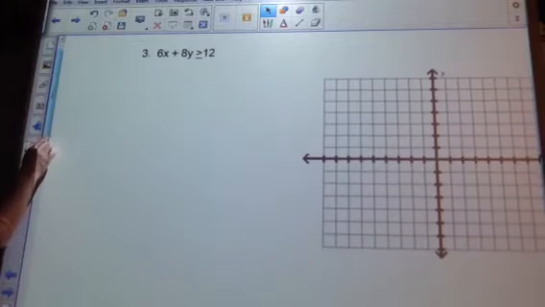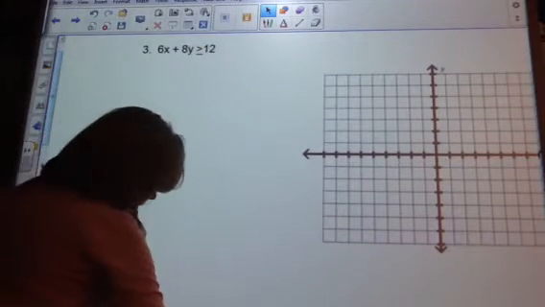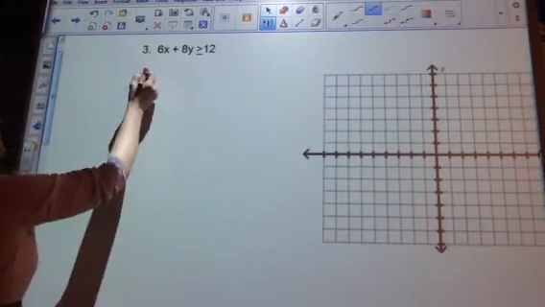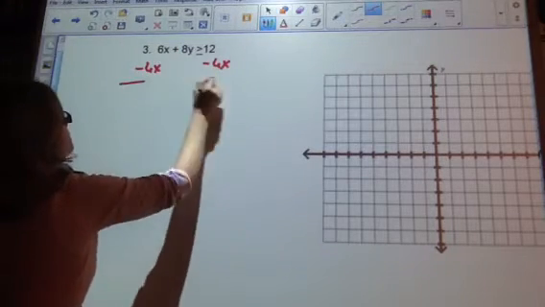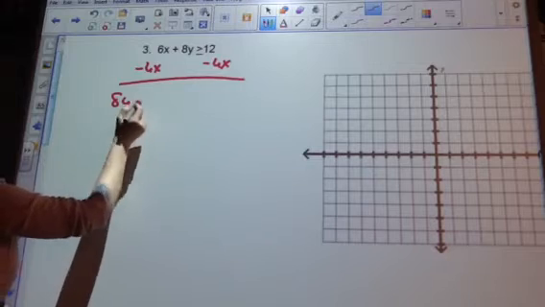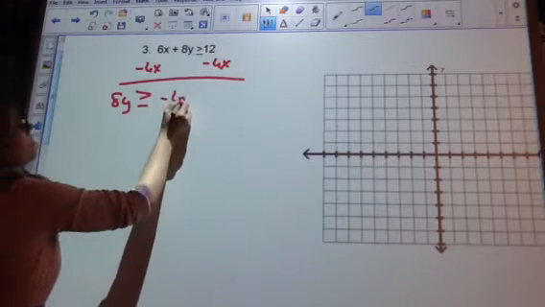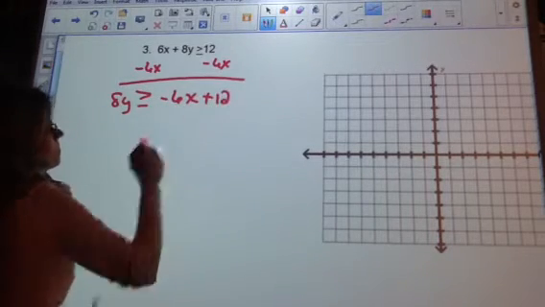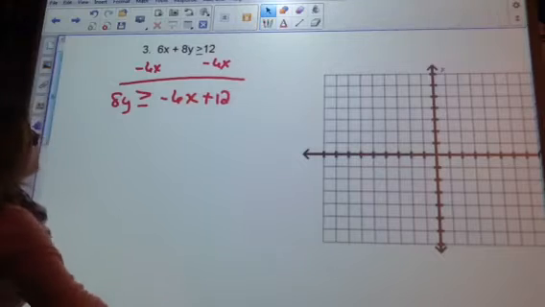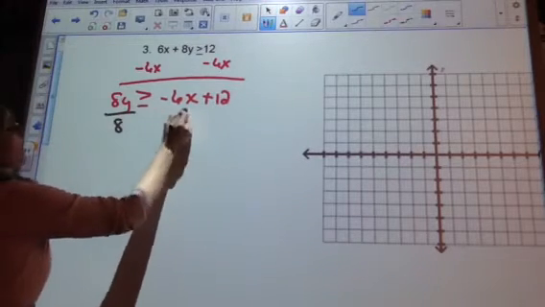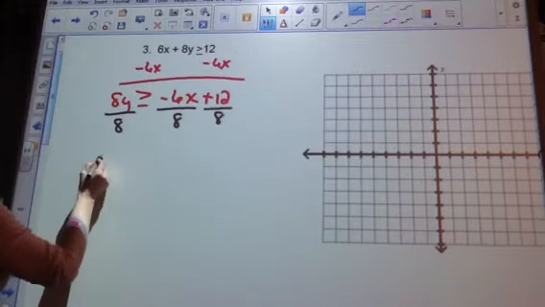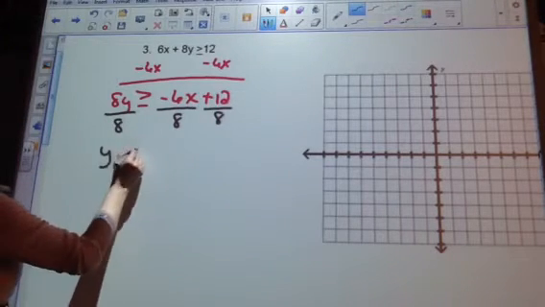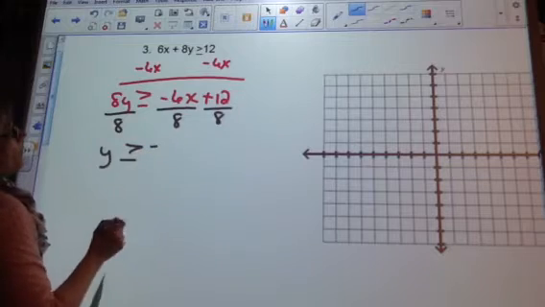All right, number 3. On number 3, we need to isolate our variable y. Okay, so the first step is subtract 6x from both sides. And then we have to divide each term by 8 to isolate that variable y. And then I'm going to simplify.